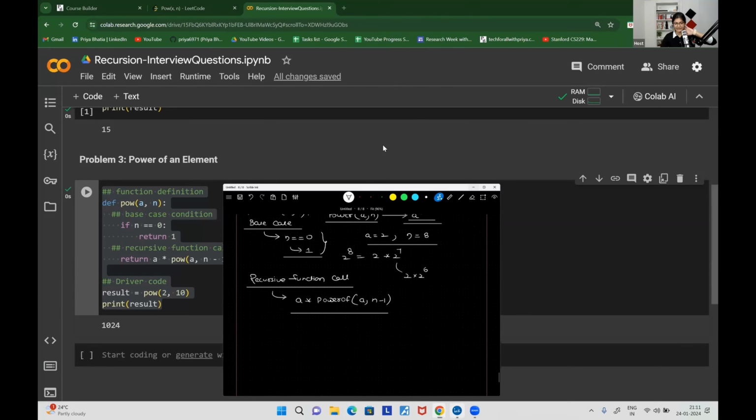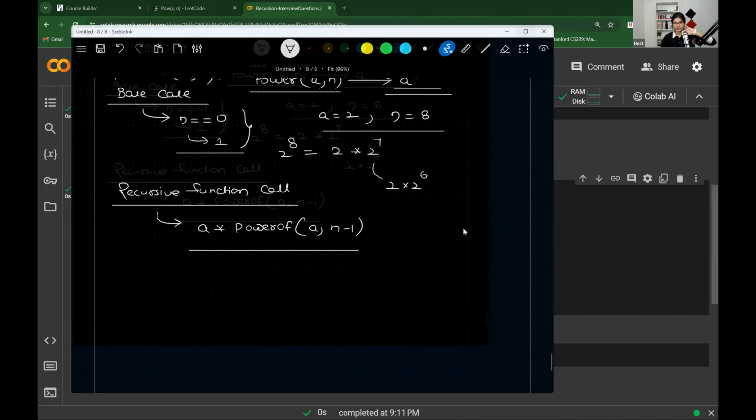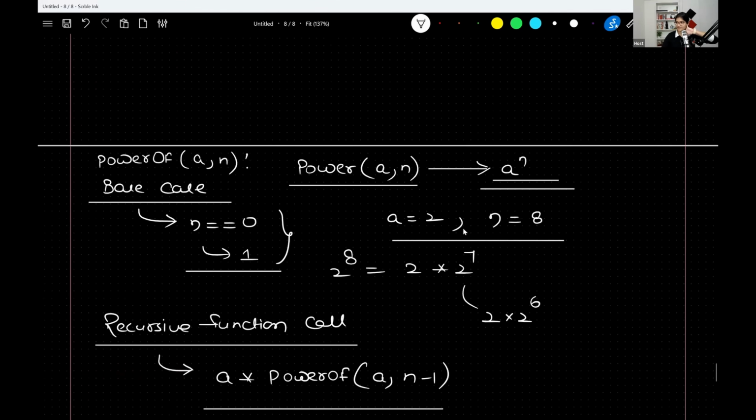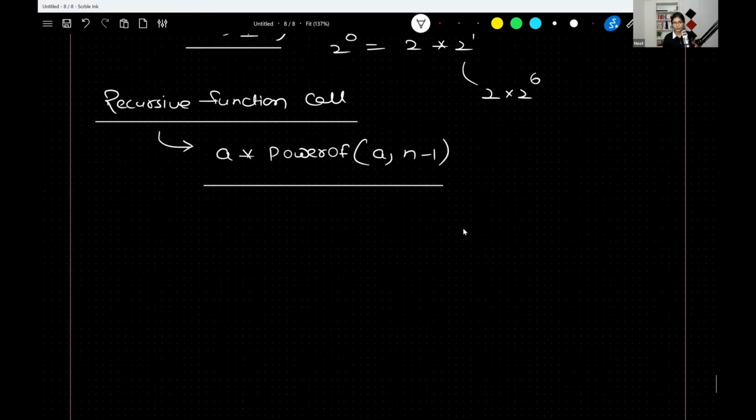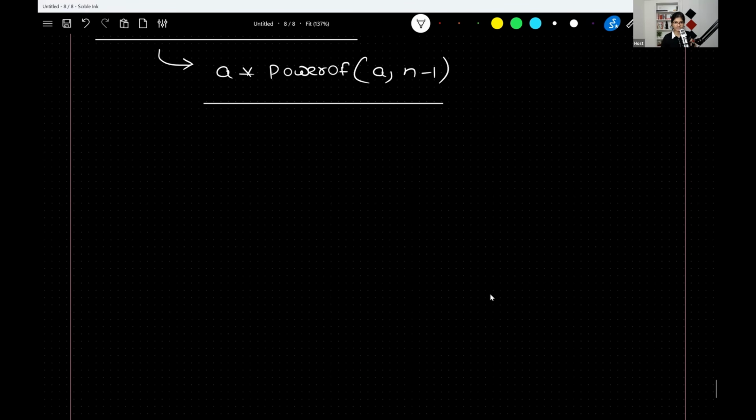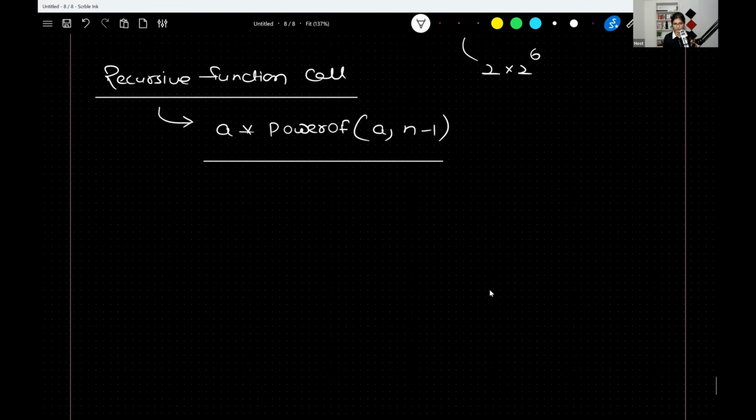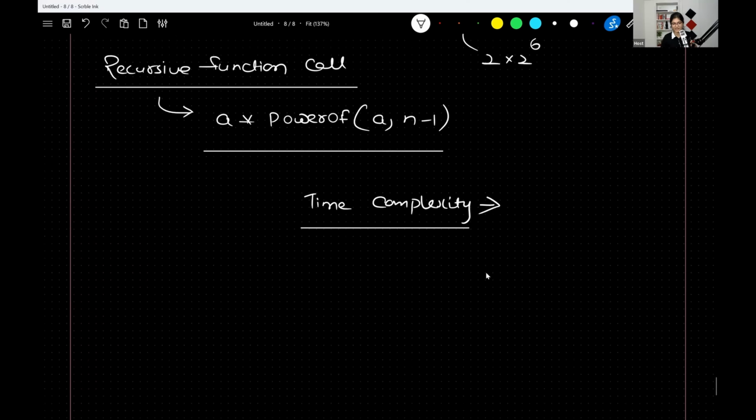Perfect. So now tell me, try to create a recurrence relation for the same and let me know what you think is the time and the space complexity required to implement this code. What is the time complexity? And what is the space complexity?